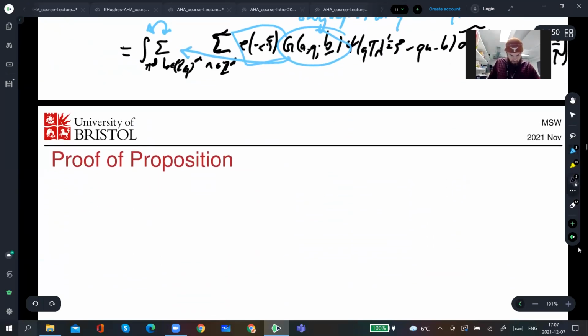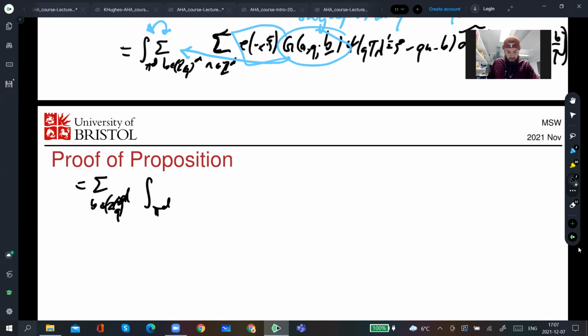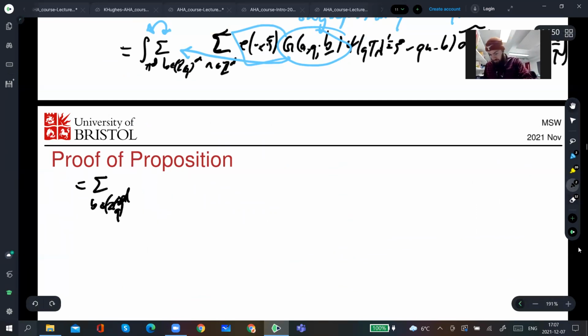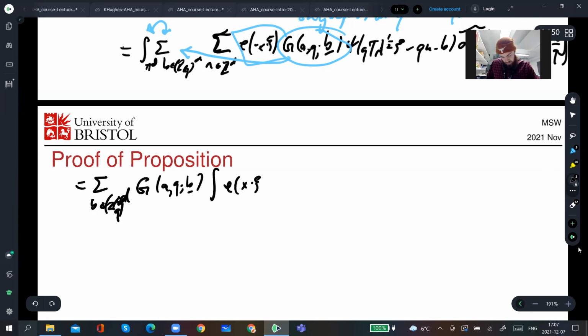Okay. So it's equal to the sum over b in Z mod q to the d, integral. Oh, sorry, that doesn't come out with it. G of a, q, b, integral e of x dot c, or minus that, over T^d, sum over n in Z^d.